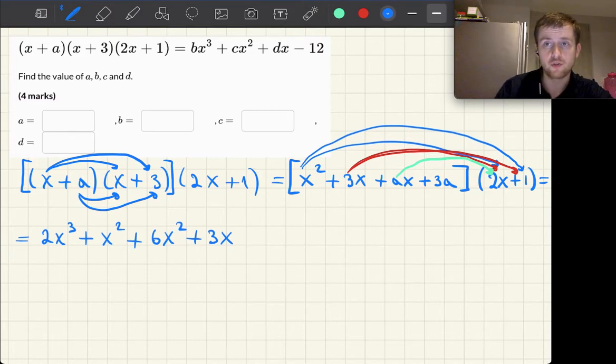Let's think about it for a second. It's a times x times 2 times x, so that's going to be 2ax squared, like this. Quite interesting, but okay.